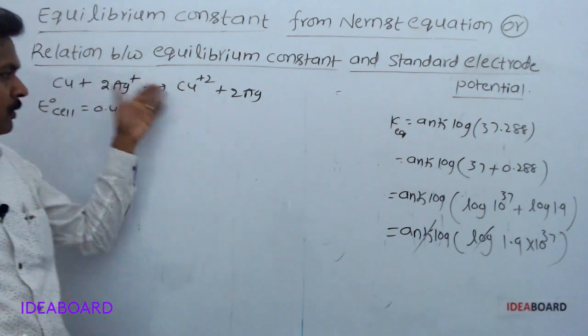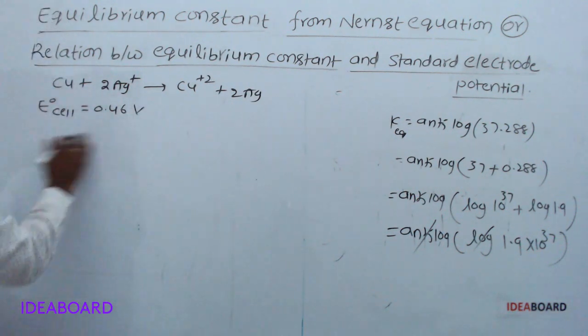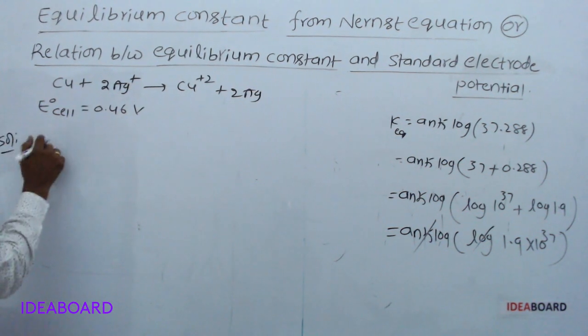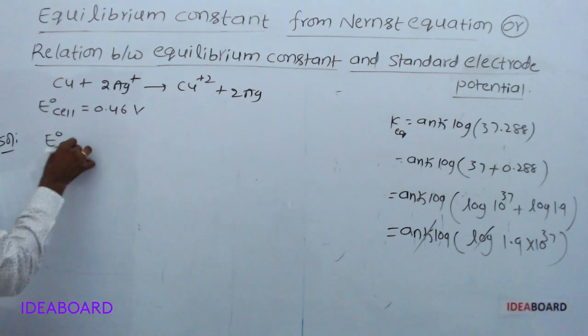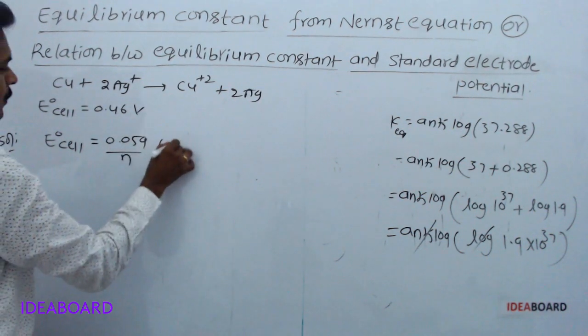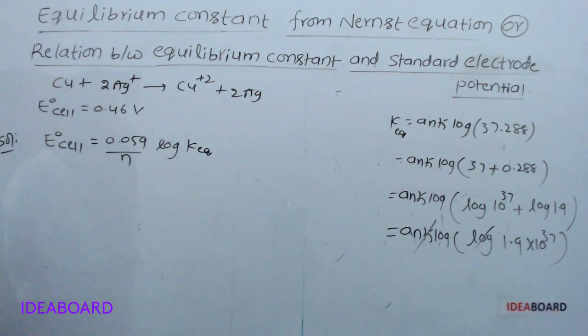For this cell reaction, we should calculate the equilibrium constant. E naught cell value is given. We know this formula: E naught cell is equal to 0.059 by n log K, log of the equilibrium constant.